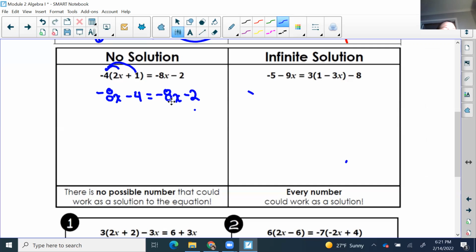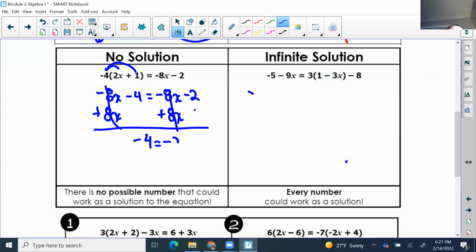If you see right here, there's a negative 8x and negative 8x on both sides of the equation. When the variable is the same with the same coefficient, when I try to bring one variable to the one side of the equation, that variable cancels out, right? So then I end up with an equation of negative 4 equals negative 2.